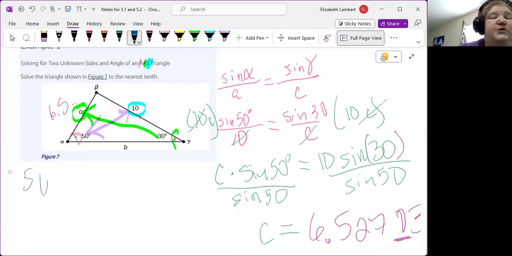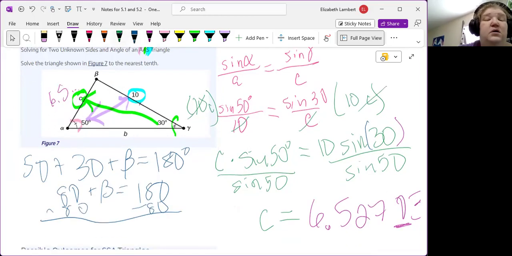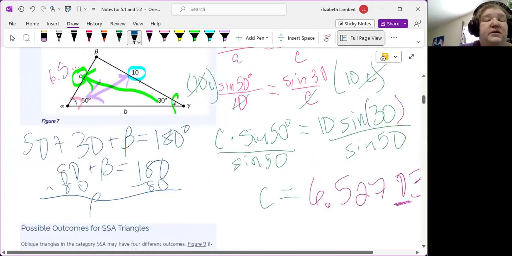Wait, I can do something. 50 plus 30 plus beta is going to equal 180 degrees. All right, so this is 80, and we subtract it over because it's being added. And we get that beta is 100 degrees.